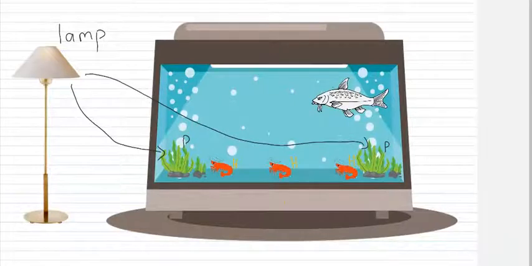Now, the energy flows from the producers to our herbivores. So I'm going to draw a line and an arrow that points to the shrimp, which shows that the energy is flowing in our food web to the shrimp.